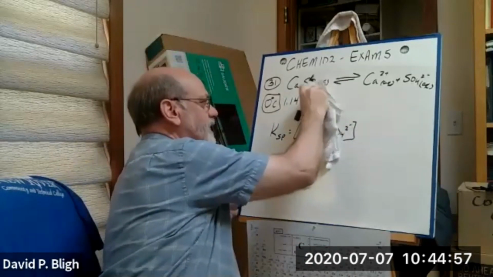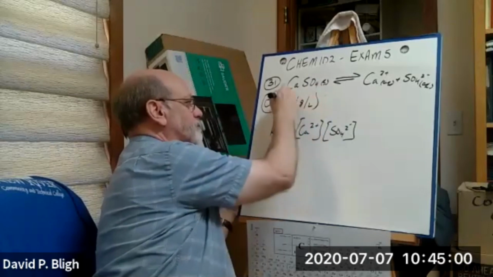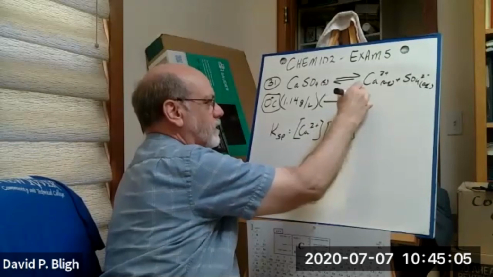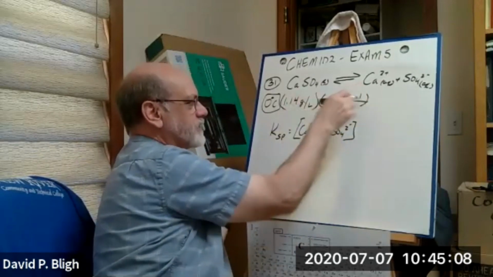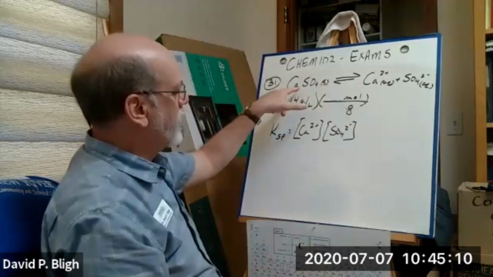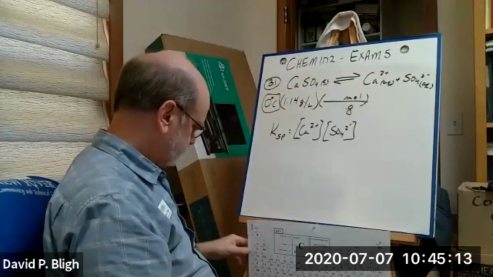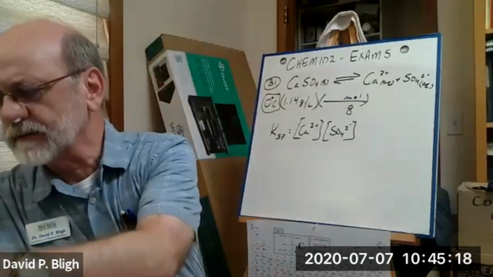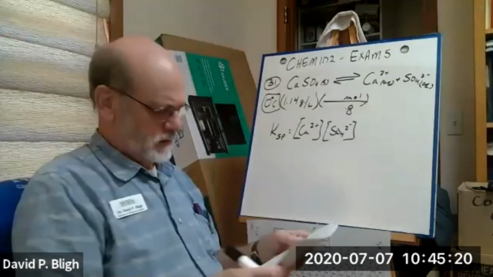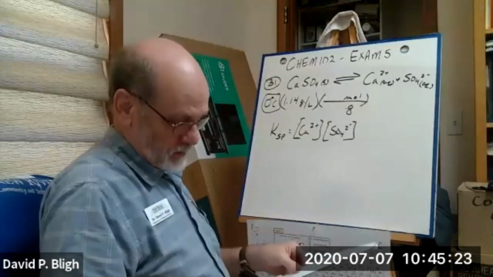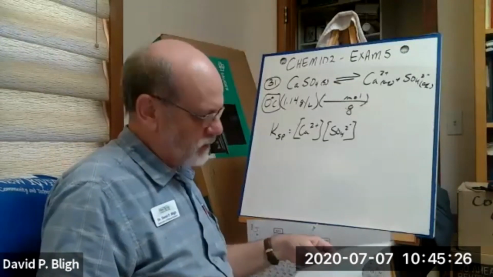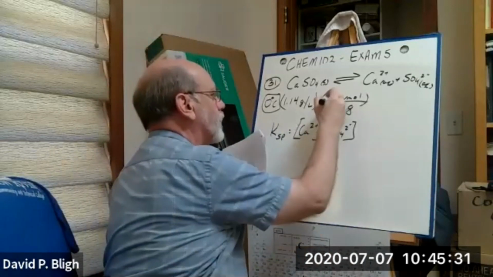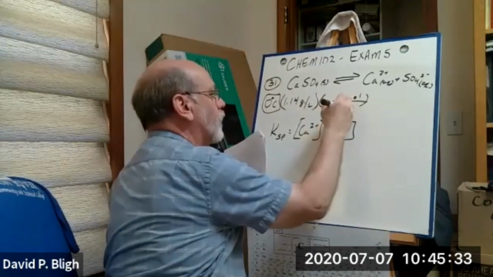So let me get rid of that thing so we can do a dimensional analysis. Right, if we do that, that gives us moles per liter. So we just need the molar mass of calcium sulfate. Since my calculator is busted, I'm going to have to go back to the cheat sheet. The molar mass of calcium sulfate is 136.14.